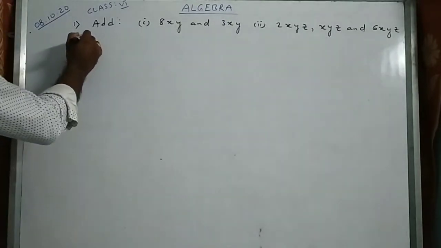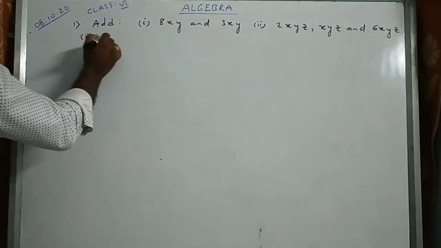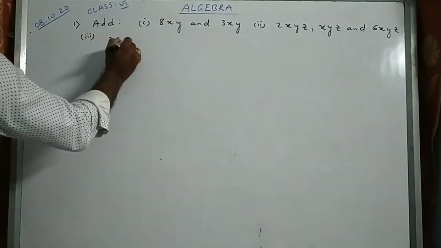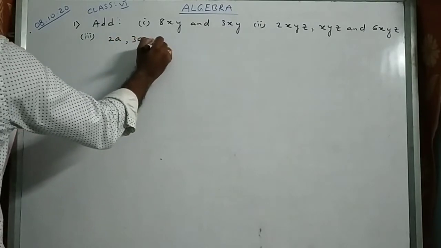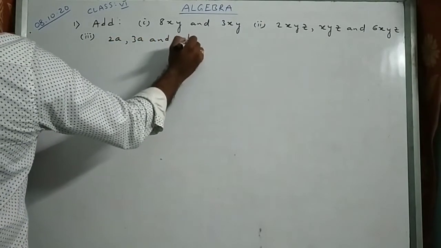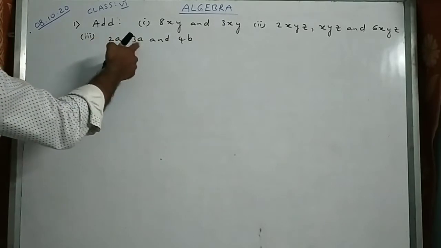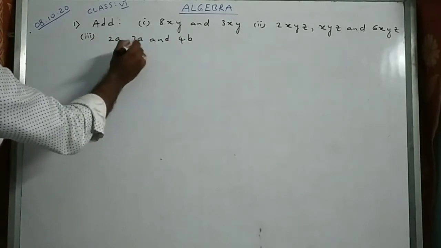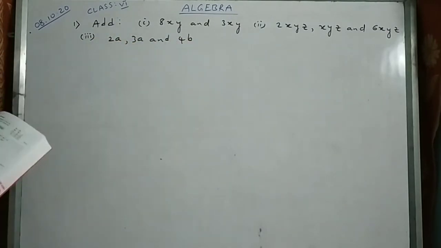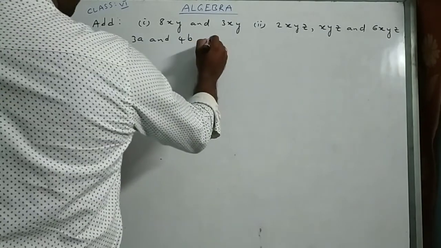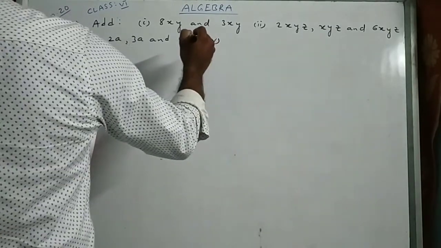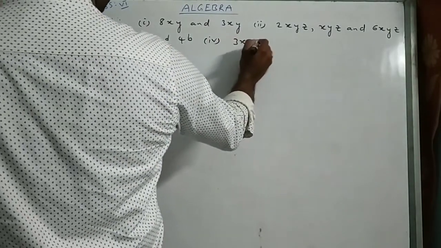Third: 2a, 3a and 4b. You see here 2a, 3a, 4b. These two are like terms. 4b is not a like term, it is separated.